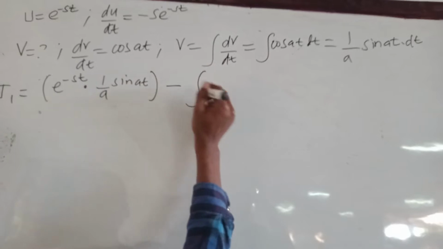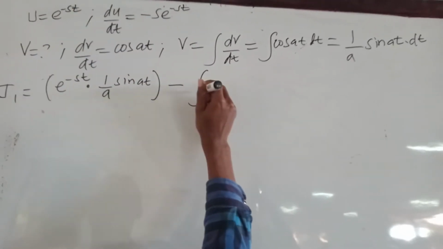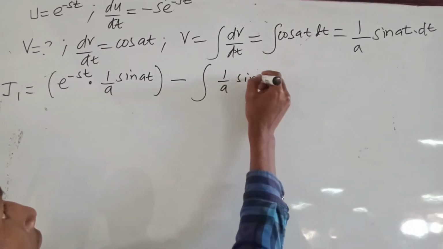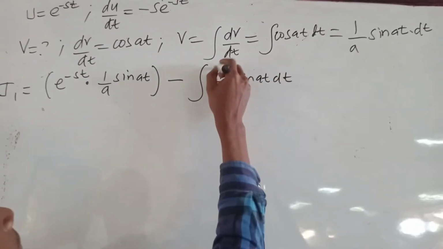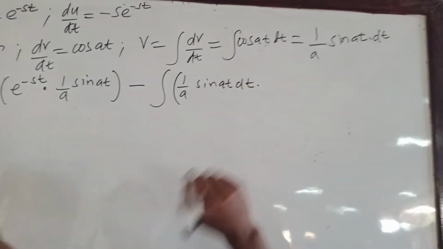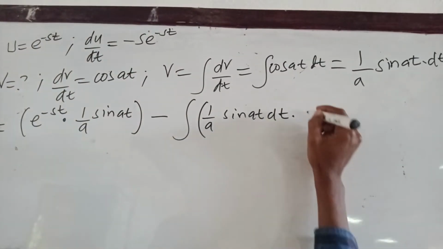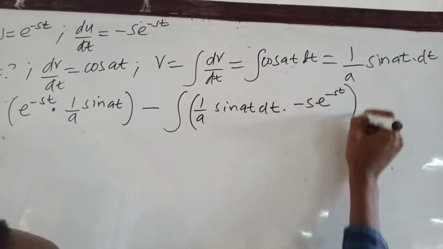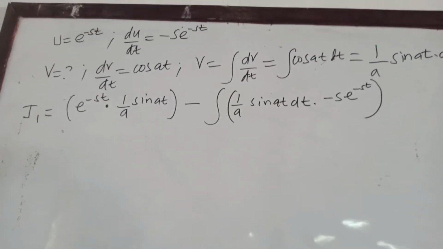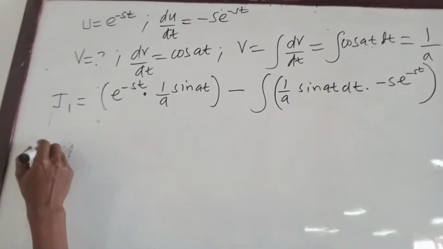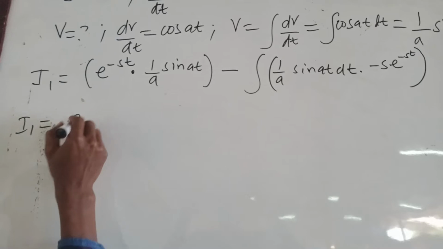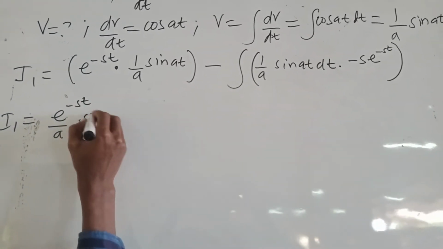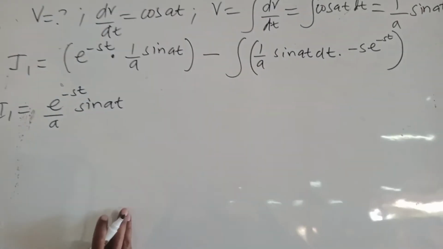Then you subtract the integral of v, this one here, 1 over a sine at dt, times our du over dt, negative s e to the minus st. Okay, now we open the brackets. So I1 will be equal to e to the negative st over a, sine at.